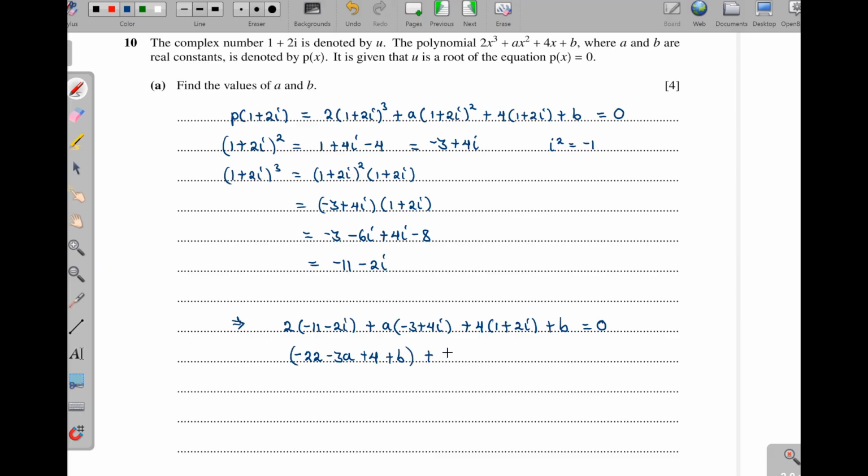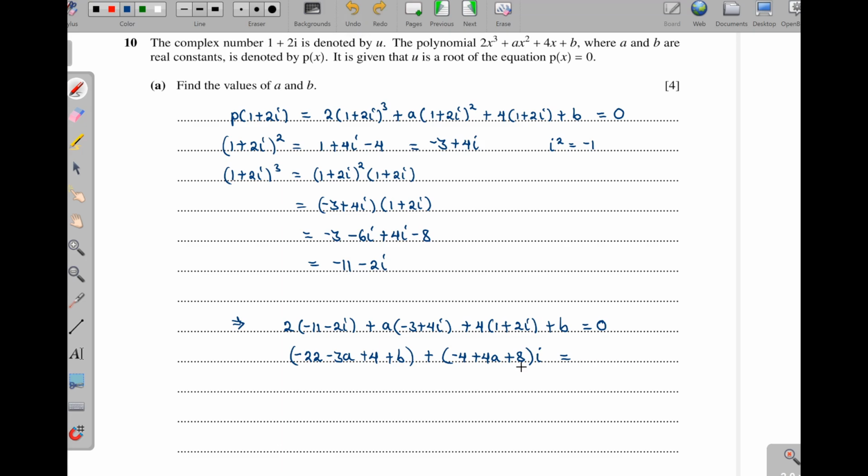Then we go to the imaginary part. We have 2 times negative 2, that will be negative 4. A times 4 is 4a. Then 4 times the 2 here is 8. All of that times i. Then this will be equal to 0.